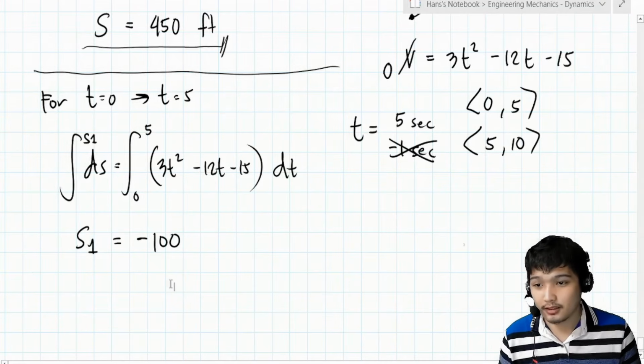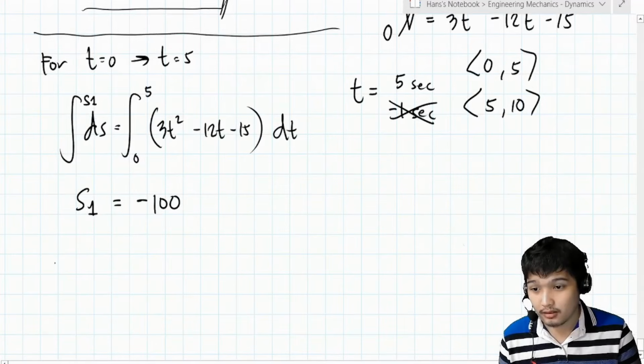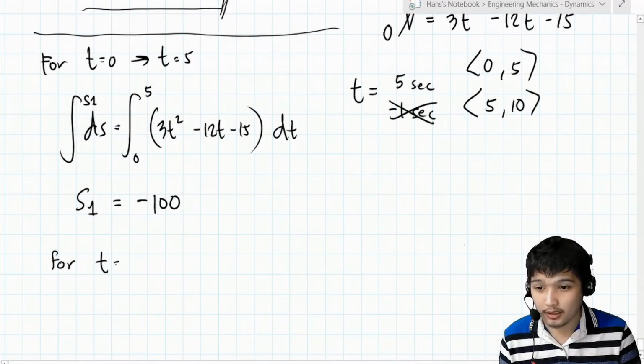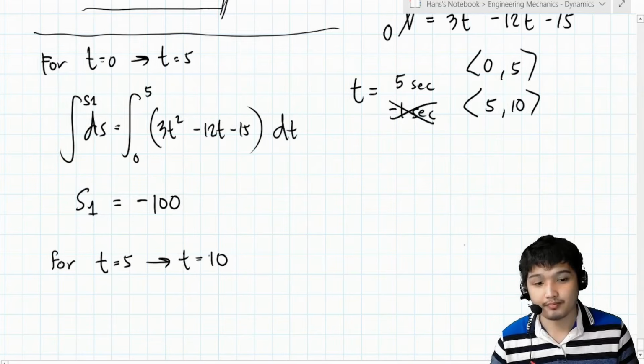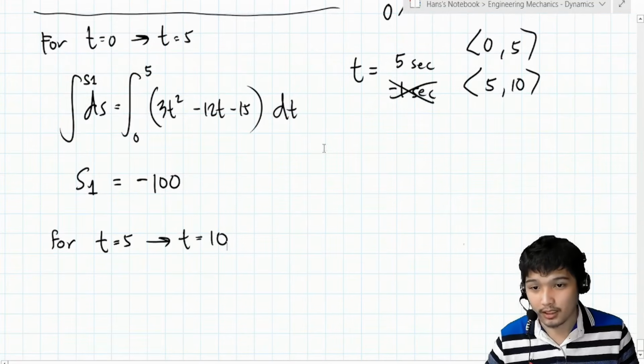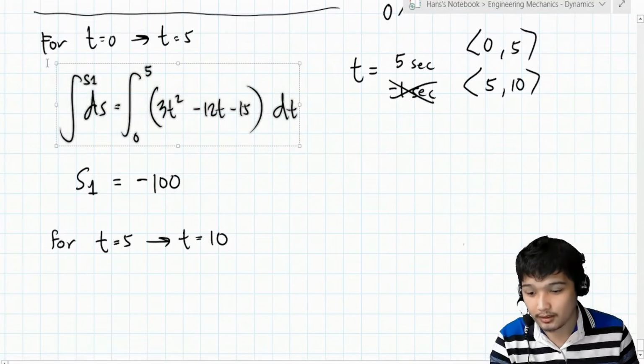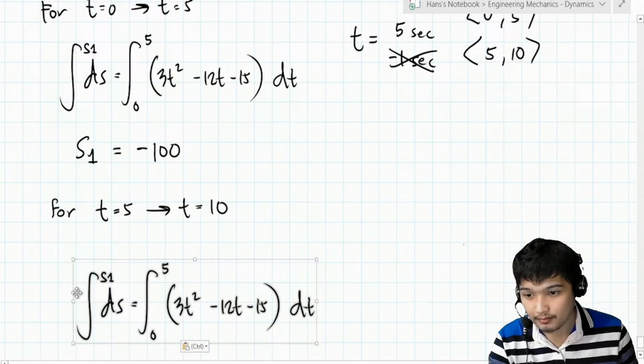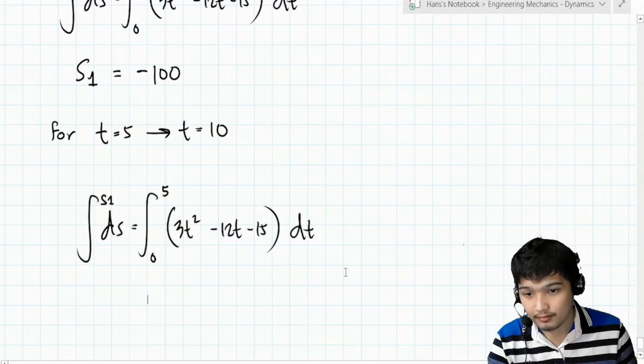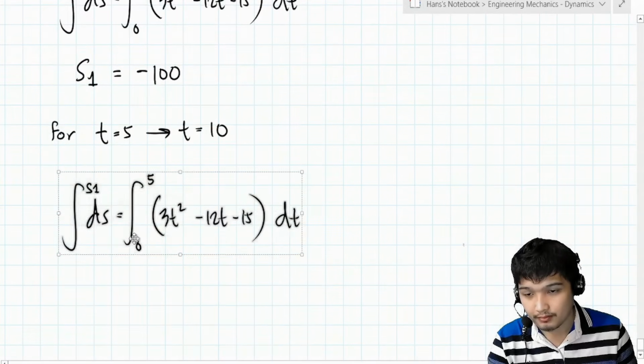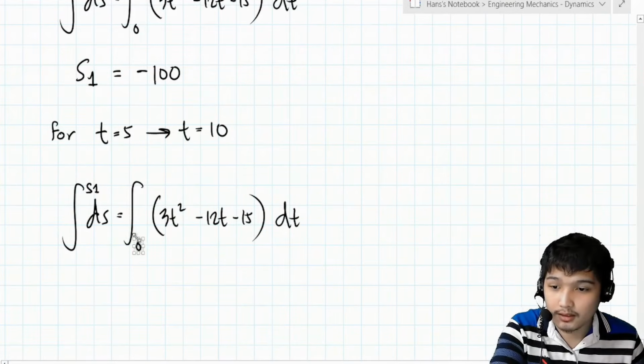So next, for t is equal to 5 to t is equal to 10. So same, integrate. So papalitan lang natin yung limits.